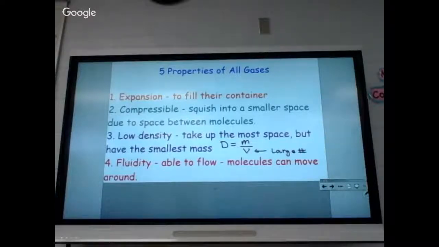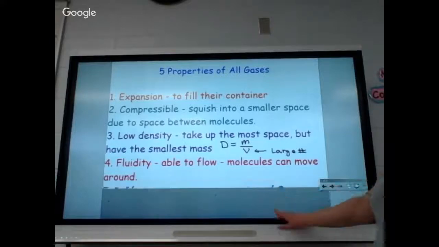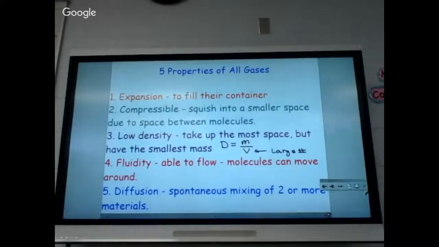All right. And the last property that all gases have is they have the ability to diffuse, which is why your classmates get all kinds of upset if you tend to pass gas in class. Because when you pass gas in class, does the scent just stay right here by you in your little sphere right here by your desk?